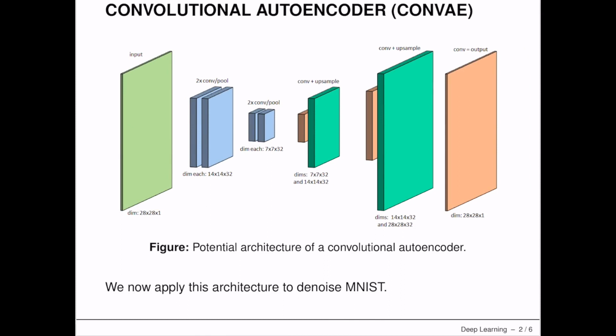So we could have the following convolutional autoencoder, where we have an input and convolutional layers to produce our encoding here. And then we would need upsampling operations to come back to the same size as our input dimension was.